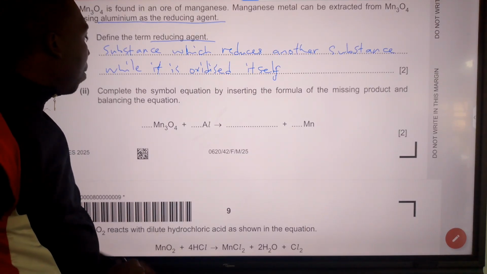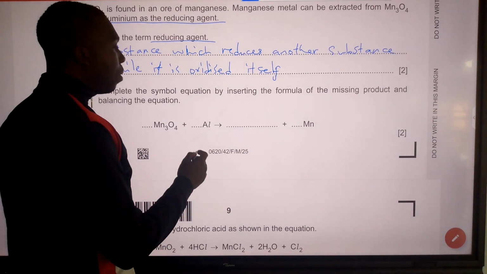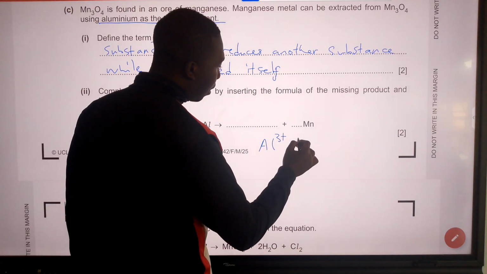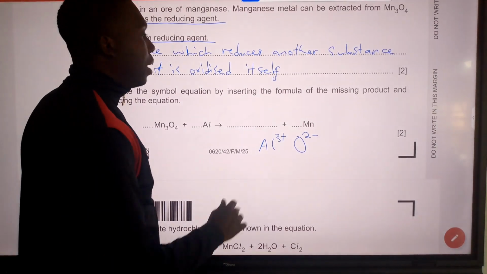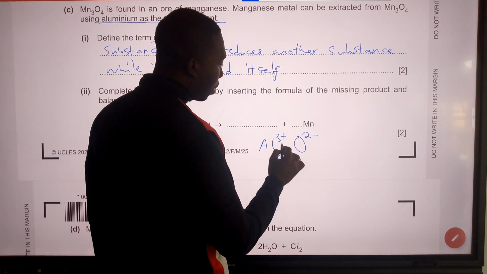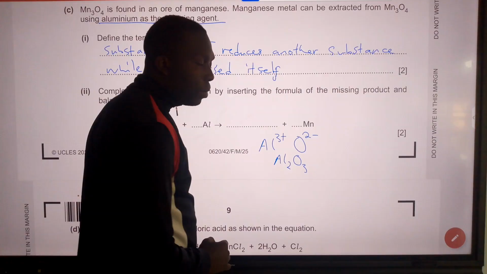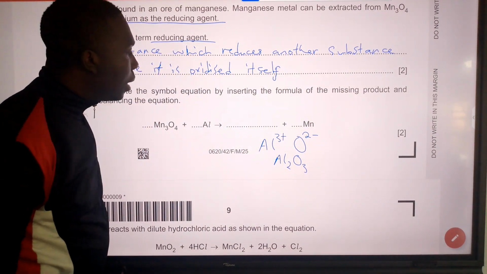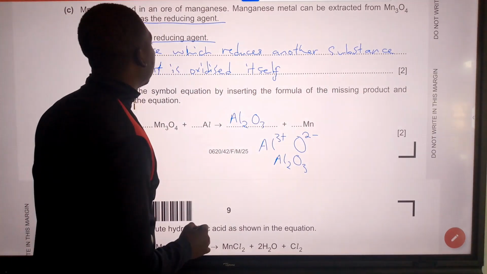So here our manganese is going to lose oxygen to aluminium. The formula for aluminium oxide, we can calculate it using the method of swapping and dropping. So it's aluminium versus the oxide, Al3+ versus O2-. If you rewrite here, the 3 from aluminium goes to oxygen, the 2 from oxygen goes to aluminium. So the formula of the oxide formed between aluminium and oxygen is Al2O3. So this is the product.